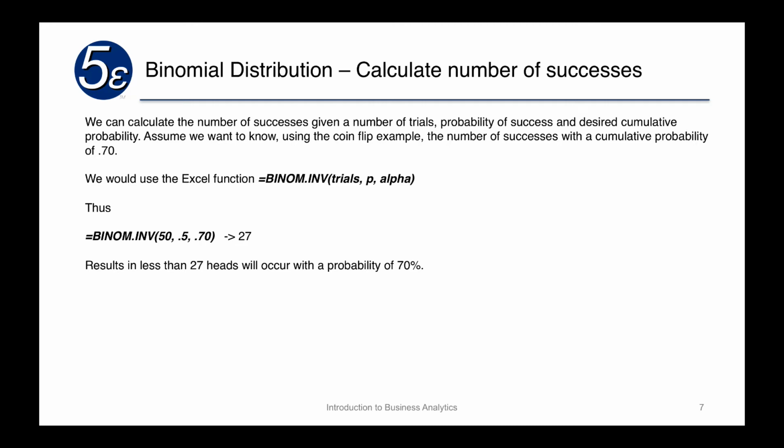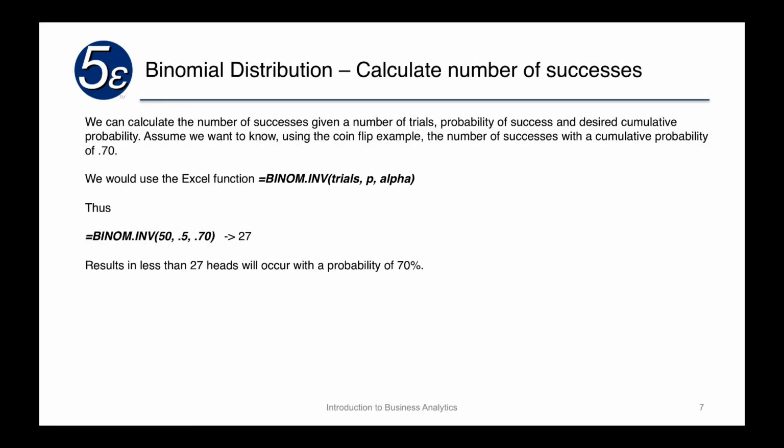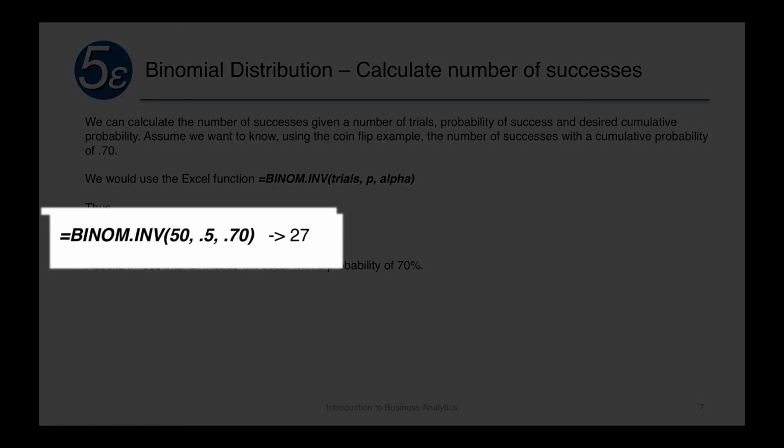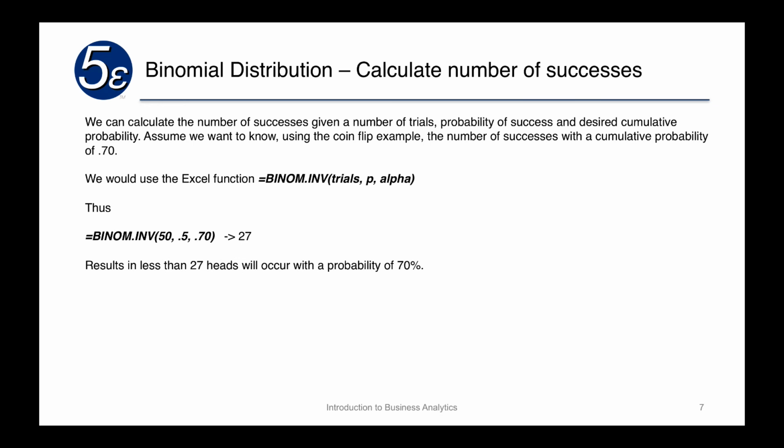We use the Binom.INV function, where we have 50 trials with a success probability of 0.5, and we want a cumulative probability of 0.70. We want to know the number of heads that will occur with that probability. And it will result in less than 27 heads occurring with a probability of 70%, or 0.70.